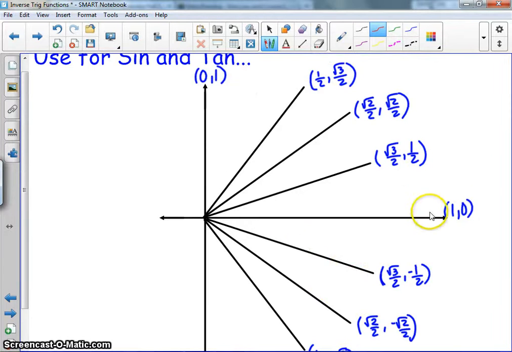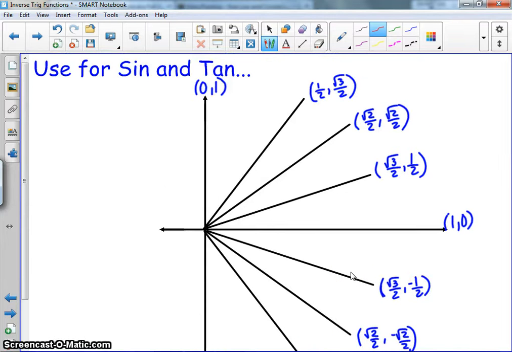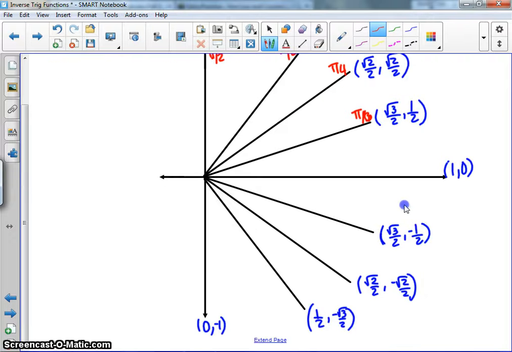And so everything stays the exact same on the unit circle. The coordinates, you can see, definitely did not change. And in the first quadrant, the angles are not going to change. This is going to still be pi over 6, this is going to be pi over 4, this is going to be pi over 3, and then pi over 2. This will still be 0.